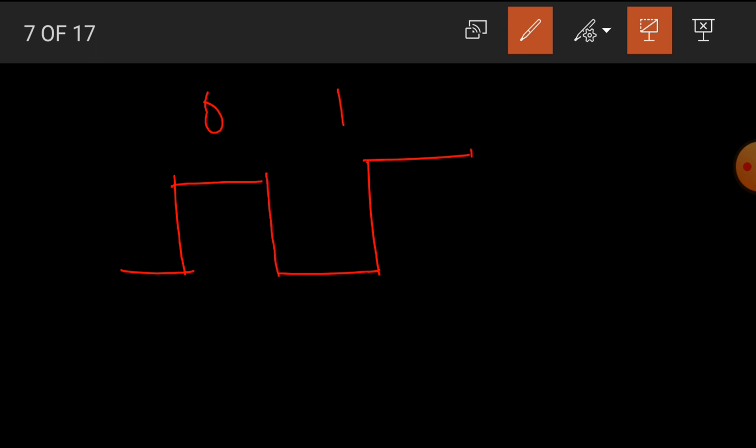In digital logic, only zeros and ones are used. That means we can show these zeros and ones on a square wave. Here at the lower level we can write it is a 0 level and this is a 1 level. This 0 level is also called logic 0 and 1 is also called logic 1.